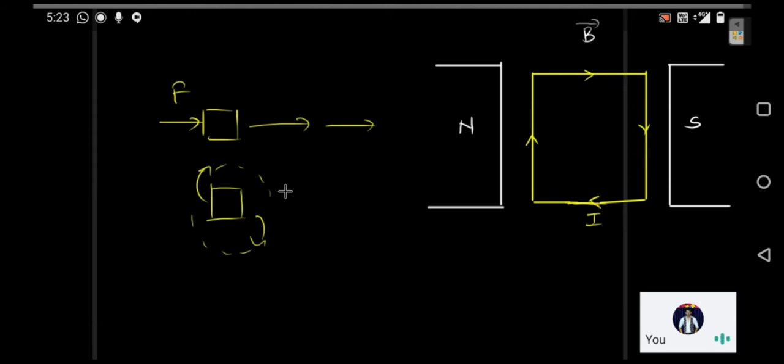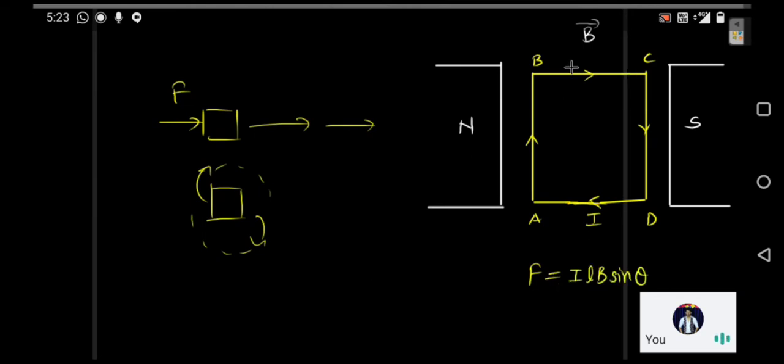We saw that if we call it A, B, C, D, the forces acting on the arms BC and AD are 0. Correct? Because if we consider these sides of this particular coil, that is AB, BC, CD and DA, as individual conductors placed in a uniform magnetic field, then we know that a force acts on the conductor which is given by ILB sine theta.